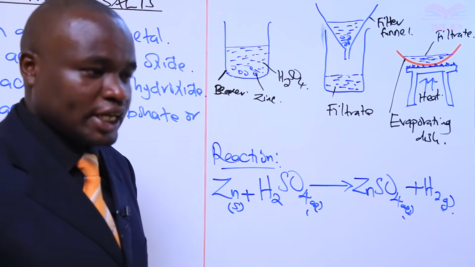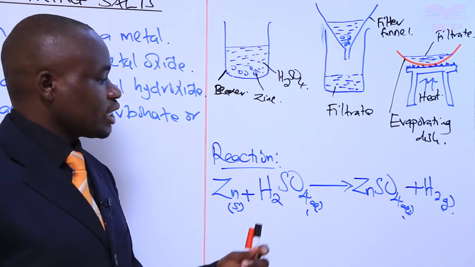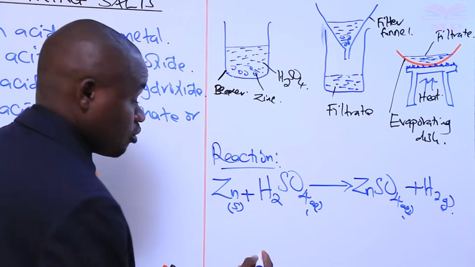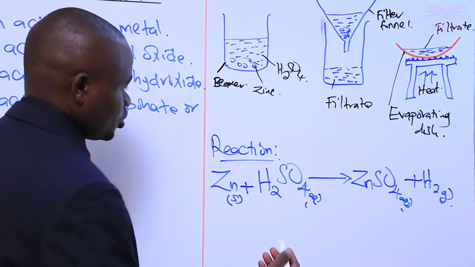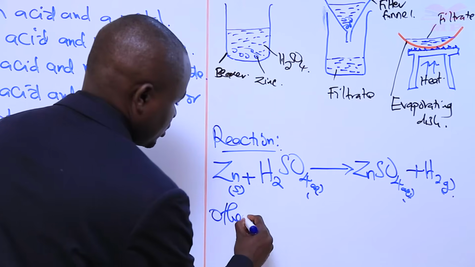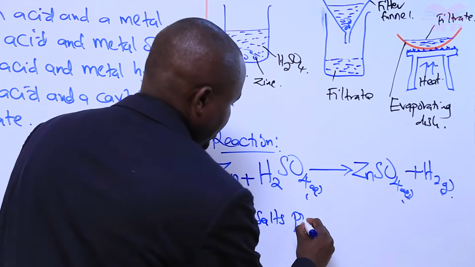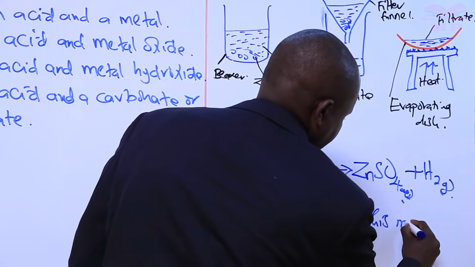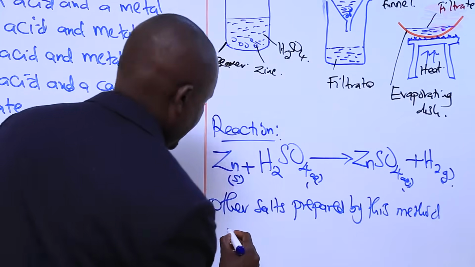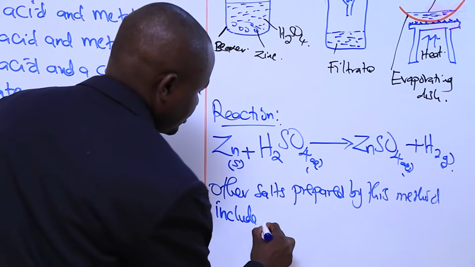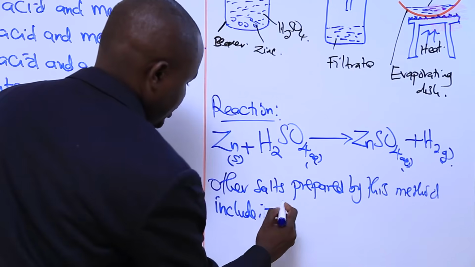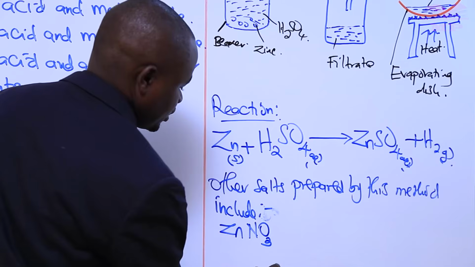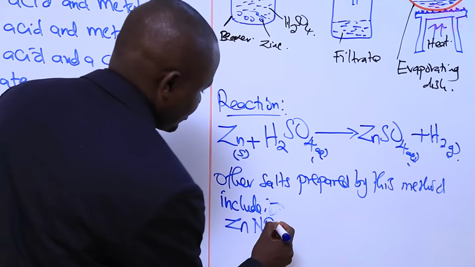So we need to know this, Lana, that there are other salts which can be prepared by this method. Let's mention just a few. We have quite a number, but we can mention a few. Other salts prepared by this method include the following. We have zinc nitrate.